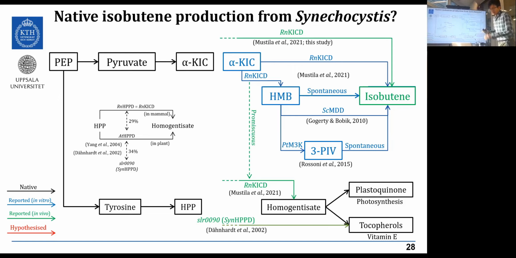Okay, so finally, let me get back to the hypothesis I want to propose. If RNKD shows promiscuous HPPD activity, it might be possible that the hypothesized Synechocystis HPPD has a promiscuous activity to convert alpha-KIC into HMB, and then there may be some enzyme or process that converts HMB to isobutene, which makes the native isobutene production route.